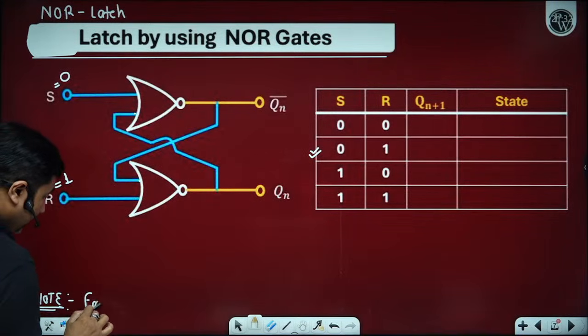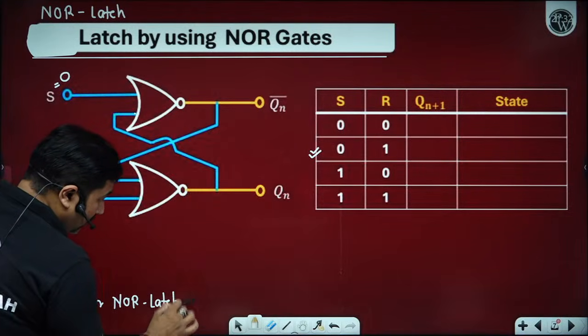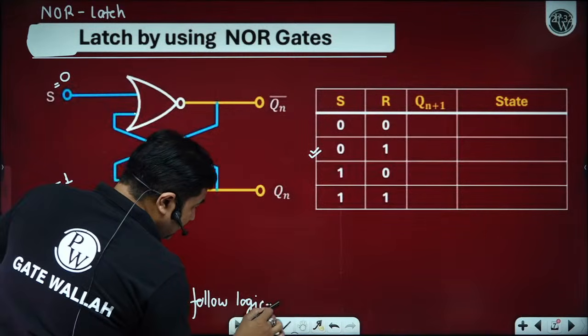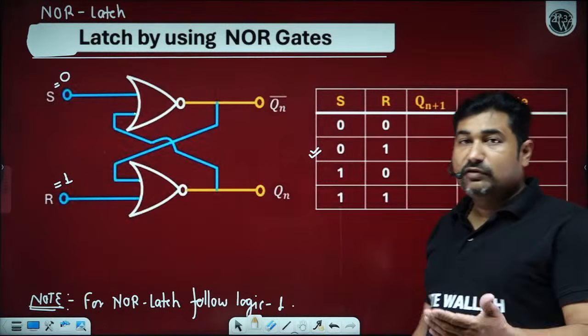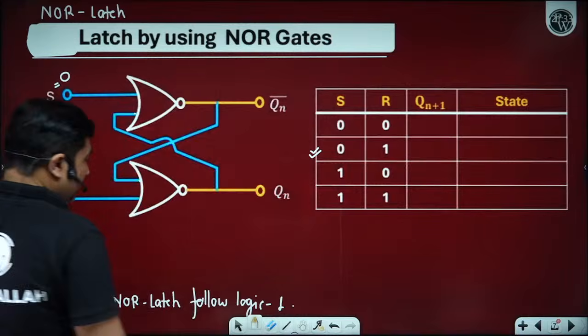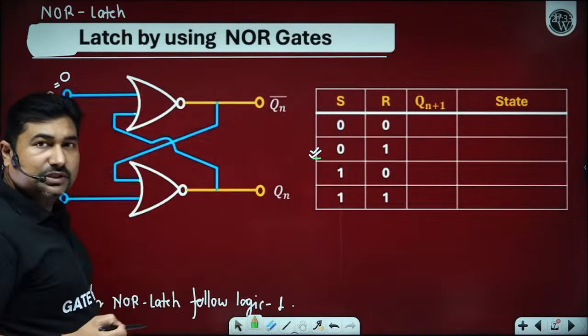For NOR latch, follow logic 1. Why, beta ji? Because for NOR gate logic 1 is a disable. So always follow logic 1. Now please observe here. For this particular condition, S is equals to 0, R is equals to 1.